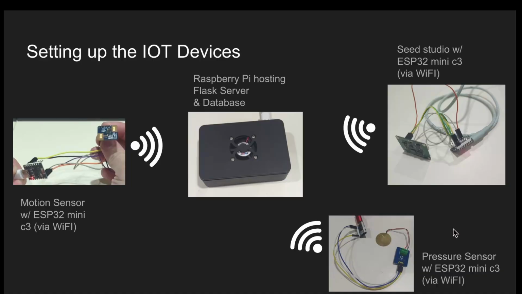Thank you, Chengan. My name is Timothy, and today I'll be talking about how we set it up. For the ESP32 Mini C3, we connect each of them to a sensor. The first one is connected to the motion sensor, the second to the pressure sensor, and lastly the seat sensor. All these three sensors have code that allows us to specify the SSID of the Wi-Fi and the password so that we can communicate with the Raspberry Pi.